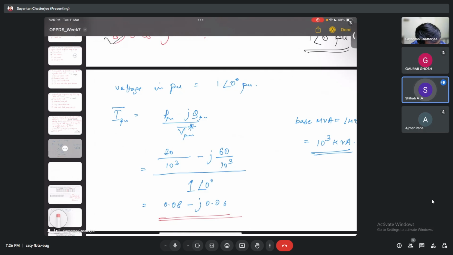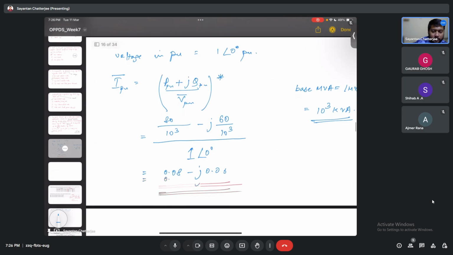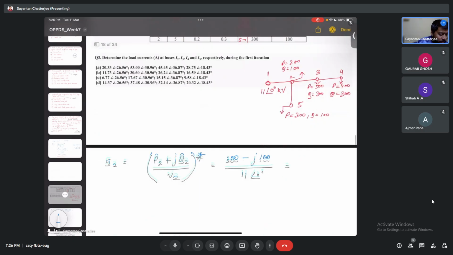I am just writing it in the same way so that there is no ambiguity. Is it fine? Yes, clear, sir. Because only the V magnitude is there and the angle is 0, the conjugate would have no effect on the denominator, but on the numerator side it would become simply minus.